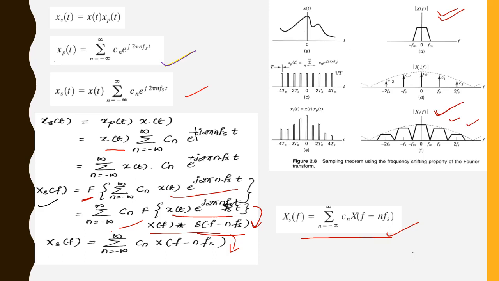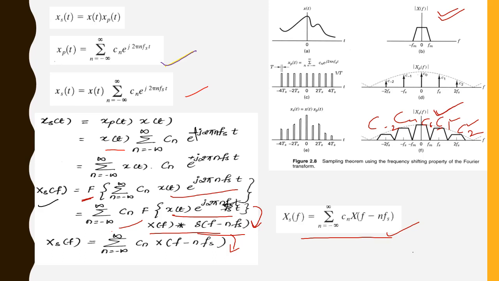In this, what we can see is that X_s(f) is the weighted pulse train due to the series coefficients that are available, like C_0, here C_1, here C_2, C_minus 1, and then C_minus 2.